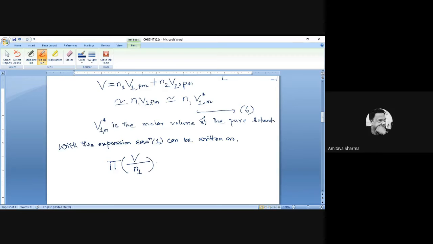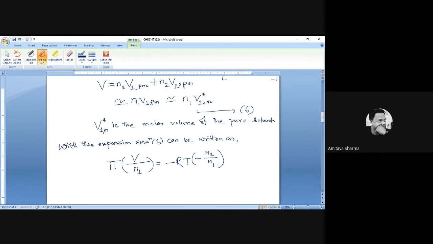Again, it equals minus RT, and in place of ln x1, as I have said, we can write N2 by N1.